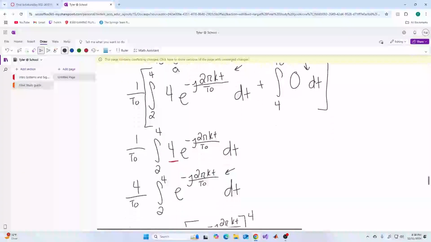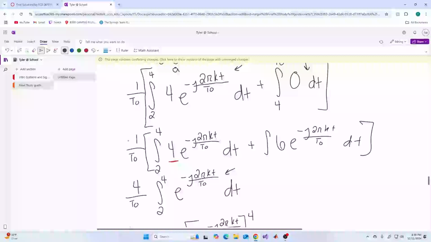Once I'm there, I pull the 4 out. I like to pull the coefficient out when I can. If I cannot, so if I had another one which was like plus 6 e to the negative j 2 pi kt divided by t0 dt, remember I cannot pull out this 4.